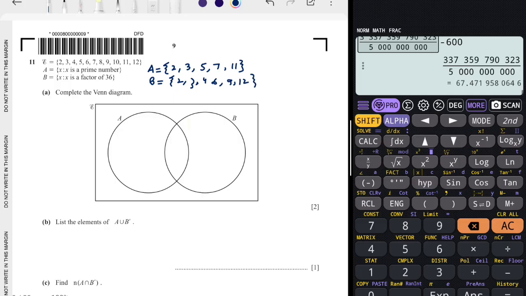Now we have to write all elements in the given regions. If you see, the overlapped area shows A intersection B. So for A intersection B, we are going to write 2 and 3 only.